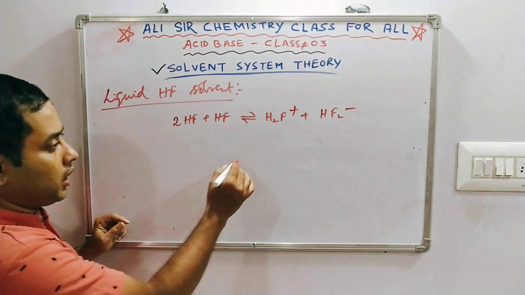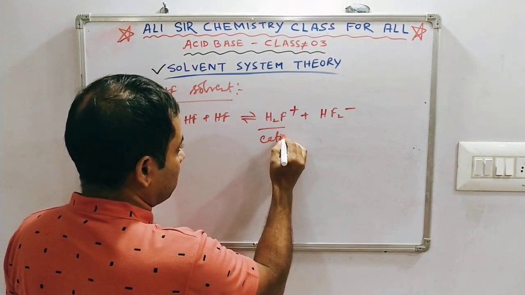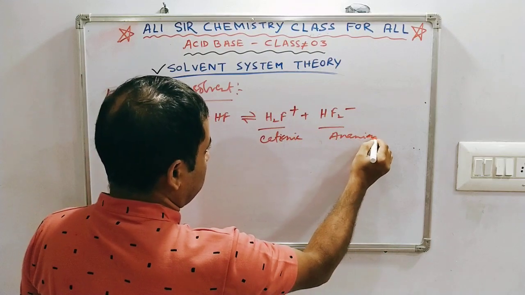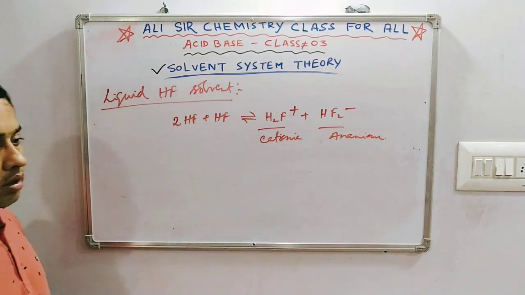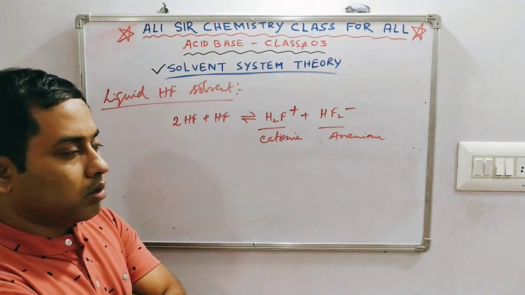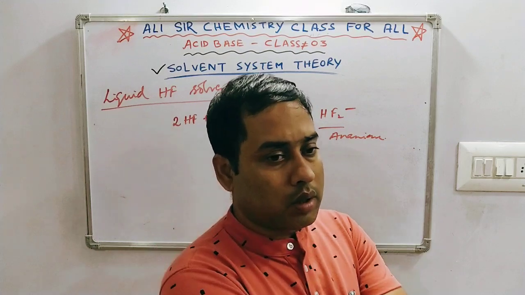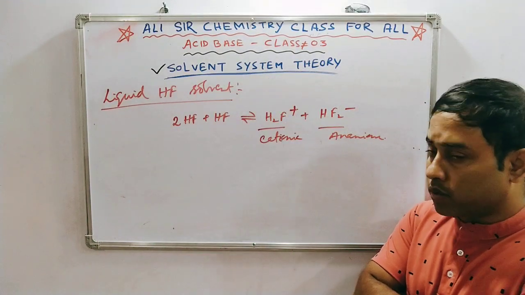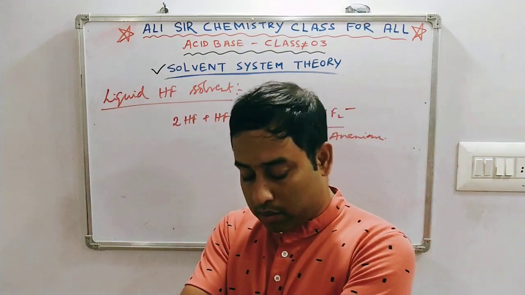This is the cationic part, and this is the anionic part. Any compound that decomposes in this solvent to form H2F plus will be an acid, and one which forms HF2 minus will be a base.